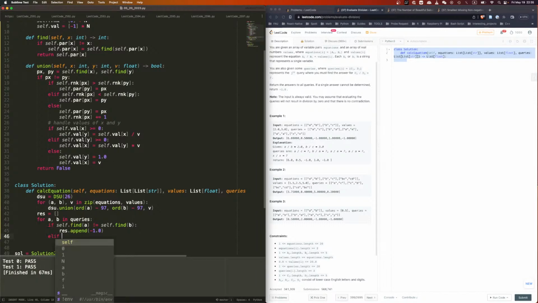Elif DSU.value A smaller than 0 or DSU.value B smaller than 0, so this value is not defined.